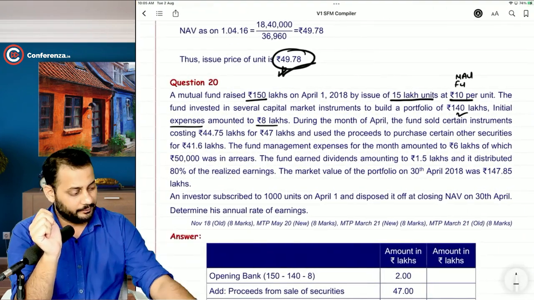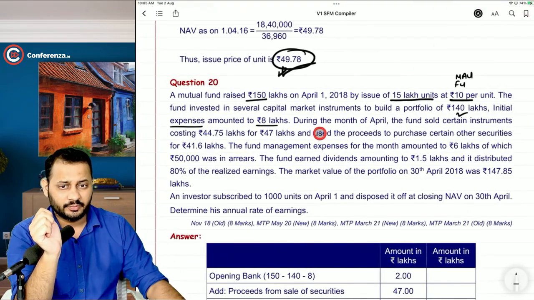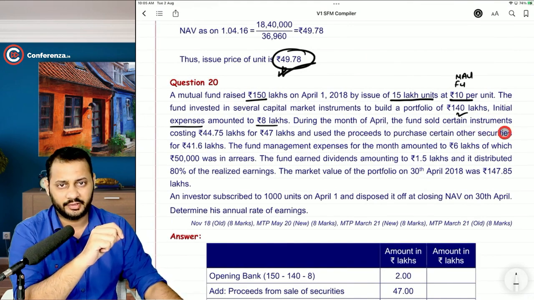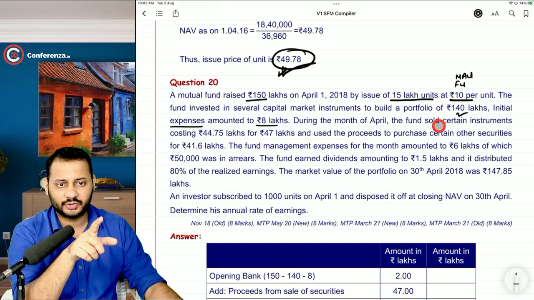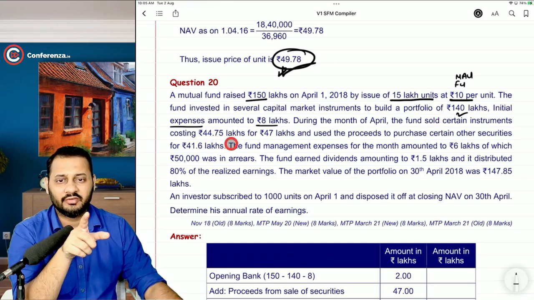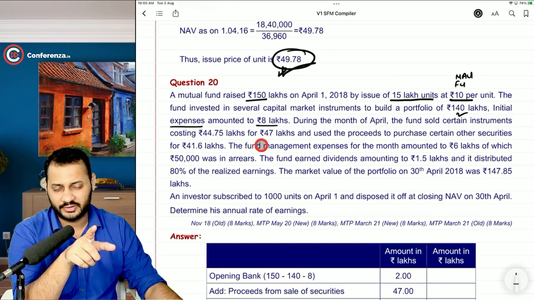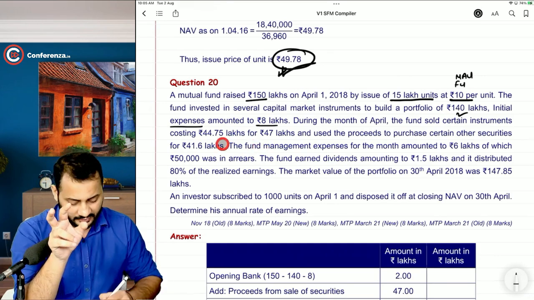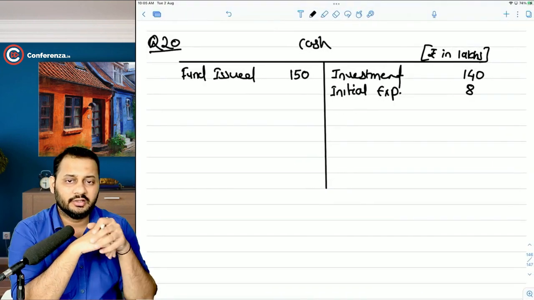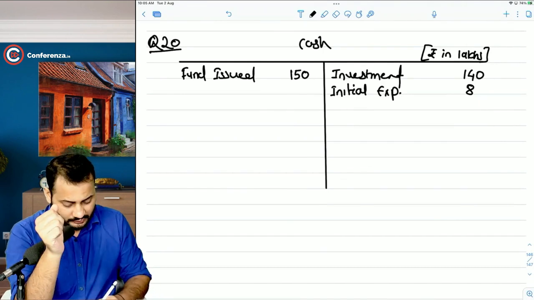During the month of April, the fund sold certain instruments. Out of that 140 lakhs, we sold certain instruments costing 44.75 lakh rupees for 47 lakh rupees. So this is our capital gain. How much? 2.25 lakhs.